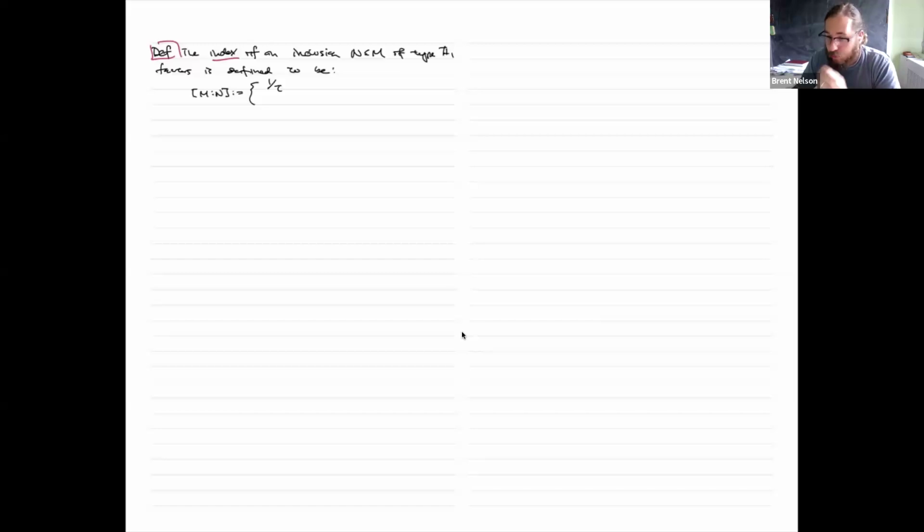Motivated by our example of groups, it'll be 1 over tau of E_N if the basic construction is type II_1 with trace tau. And then in the other case, we'll just set it to be plus infinity.